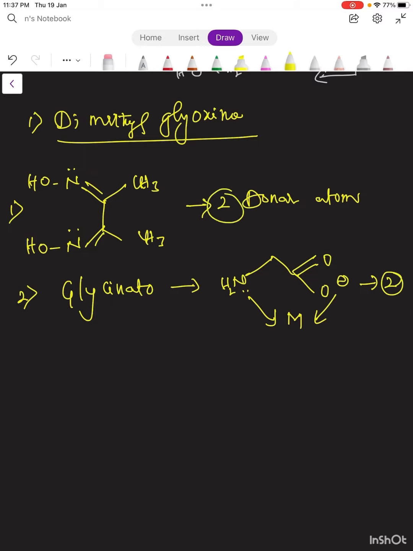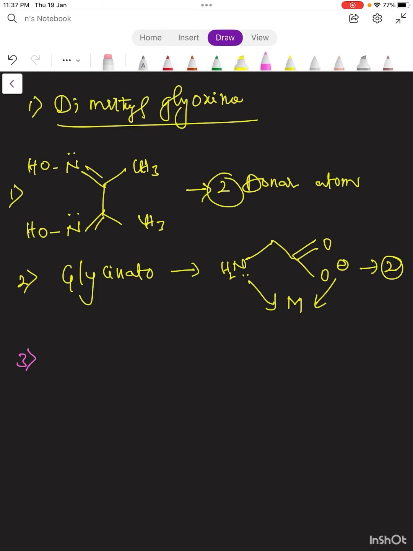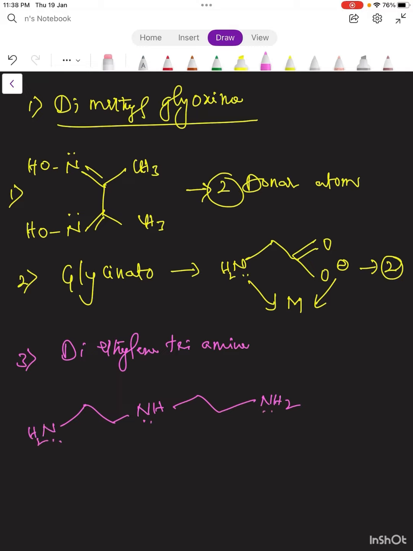Next, the third one is diethylene triamine, NH2, NH2. 3 amines are present. They will give electrons to the metal. So total 3 are there.